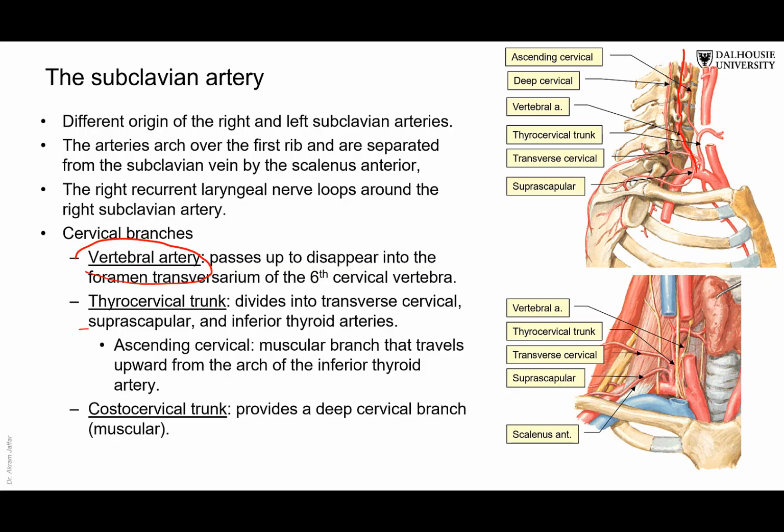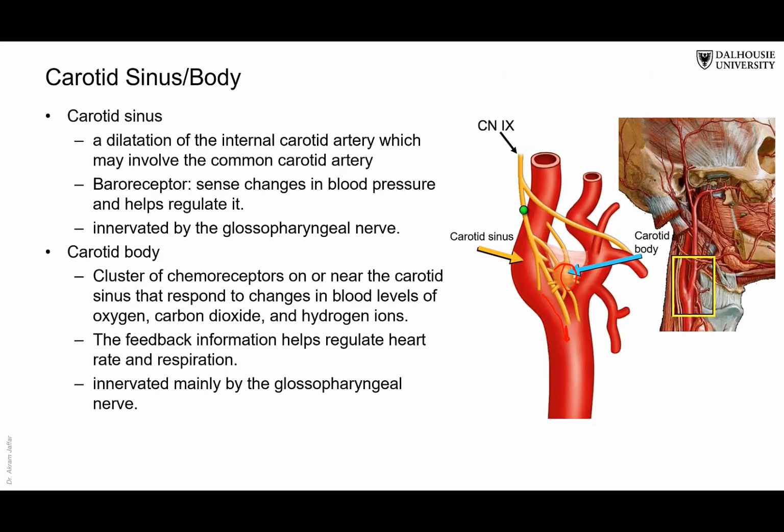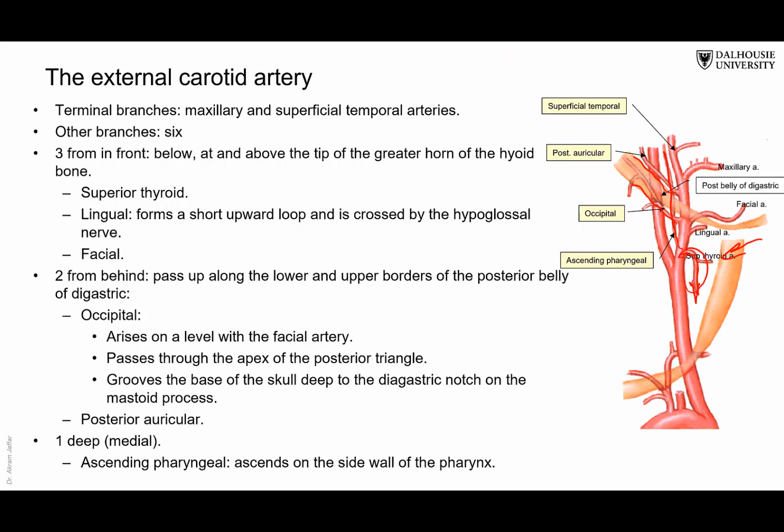And then we have another important artery here, which is called the thyrocervical trunk. Thyrocervical, as the name indicates, thyro, this trunk provides an artery to the thyroid gland, which is the inferior thyroid artery. Remember, I said there is a superior thyroid artery here. This is the superior thyroid artery from the external carotid, and the inferior thyroid, this one, comes from the thyrocervical trunk.